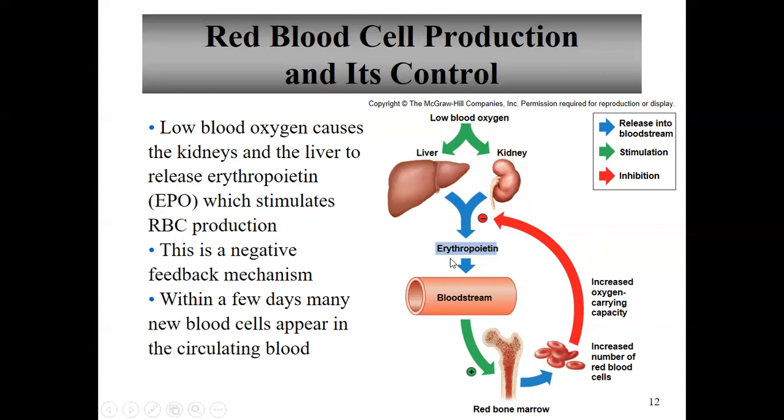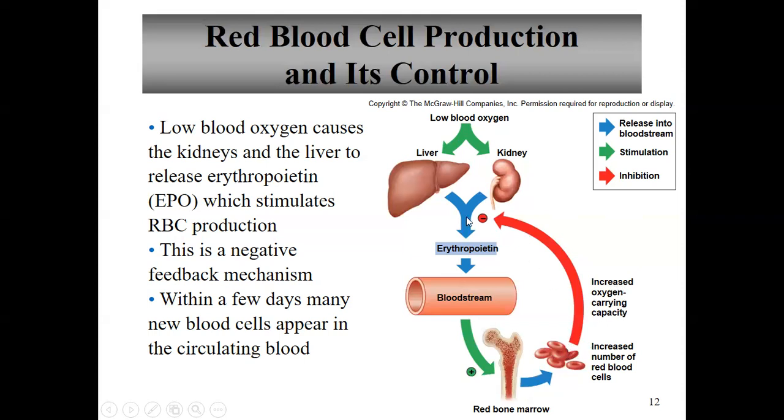And so then erythropoietin will go into the bloodstream, and into the red bone marrow to help increase the amount of red blood cells floating around in the blood. Once the amount of red blood cells increases, you no longer have a low blood oxygen level because it has increased its oxygen carrying capacity.